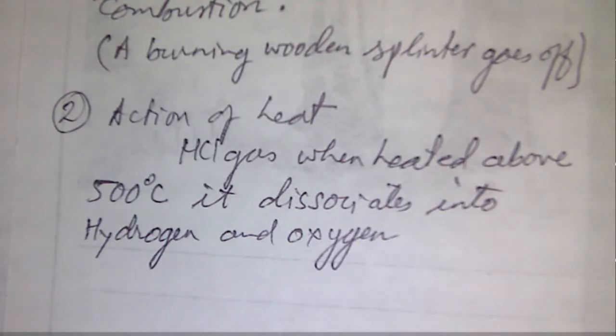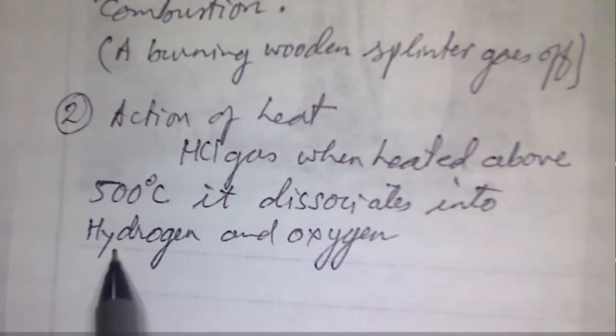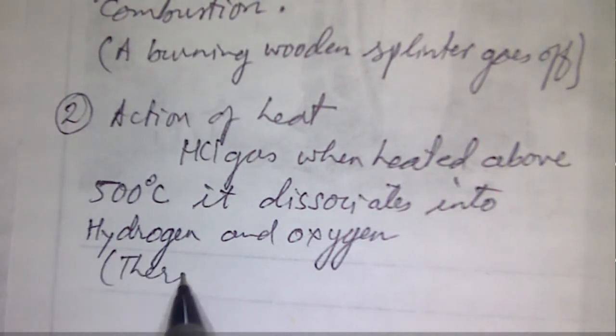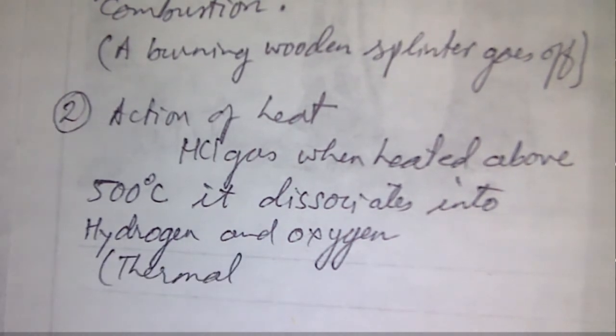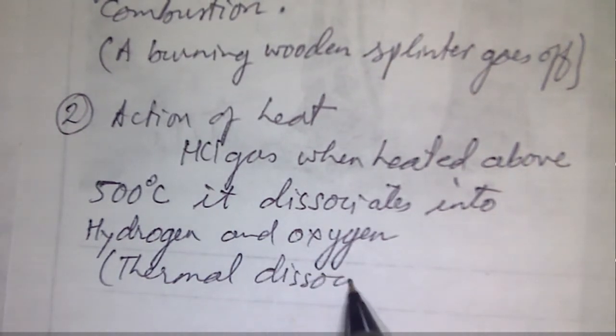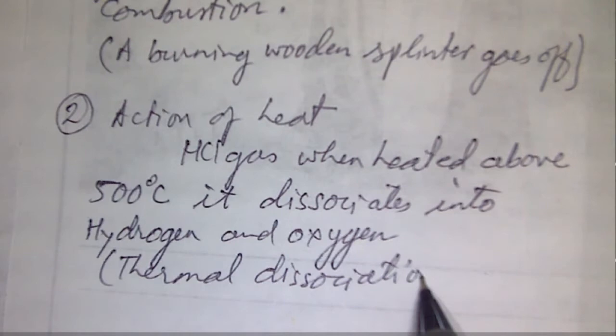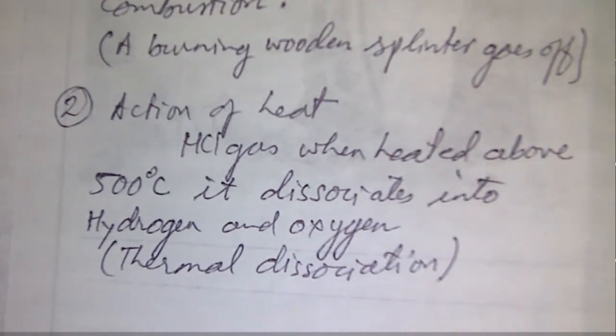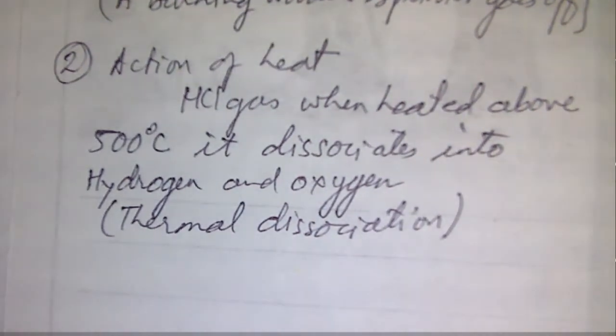So this dissociation is because of what? Heat. So we can also call it thermal dissociation. Thermal means heat. When HCl is heated, it breaks up into hydrogen and chlorine.